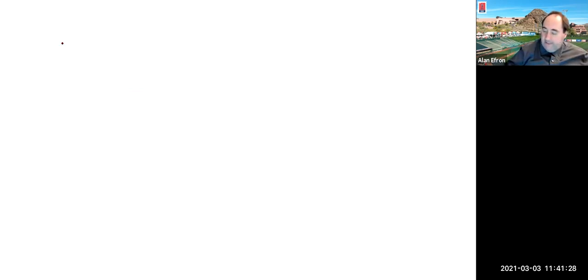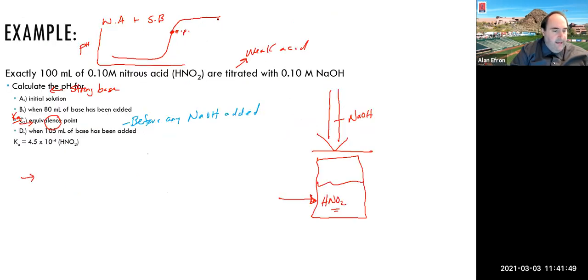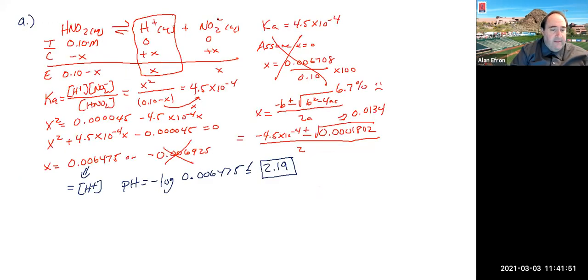All right. So C, and again here, we're starting with 100 milliliters of our 0.1 molar nitrous acid. We're adding 0.1 molar sodium hydroxide, I believe, in this case. And they also gave us a Ka value, which was 4.5 times 10 to the minus 4.